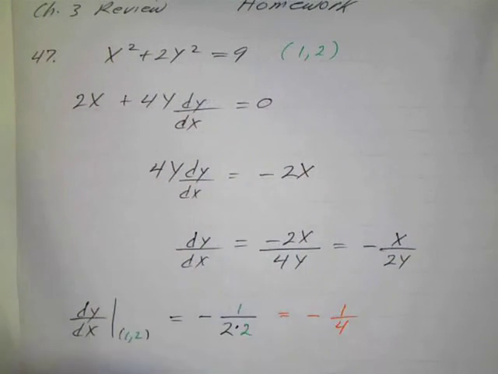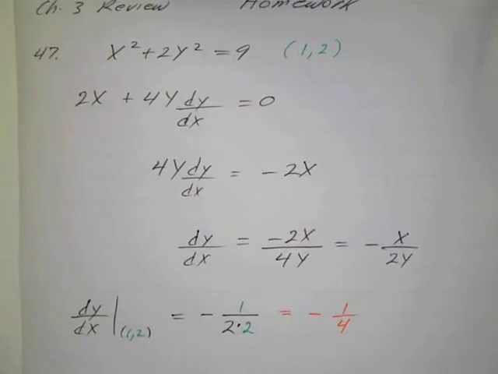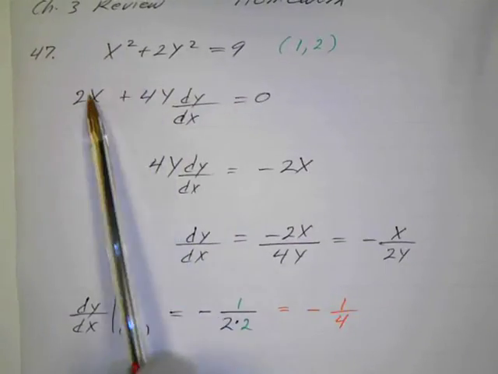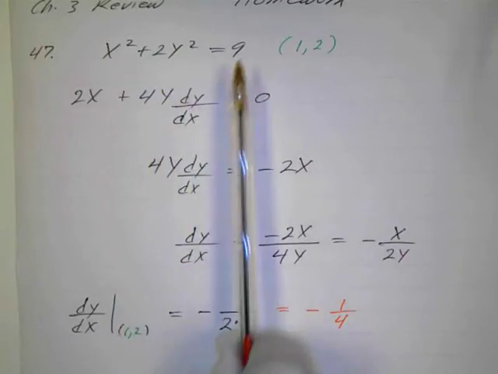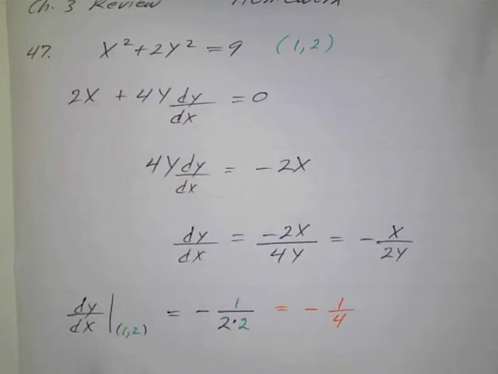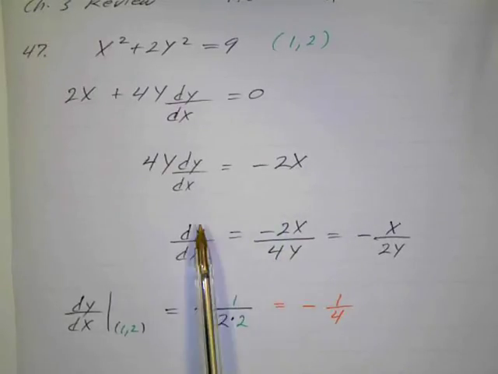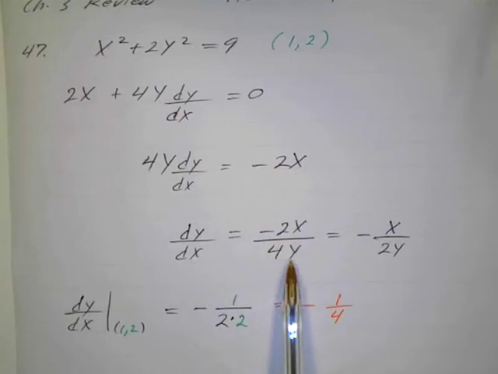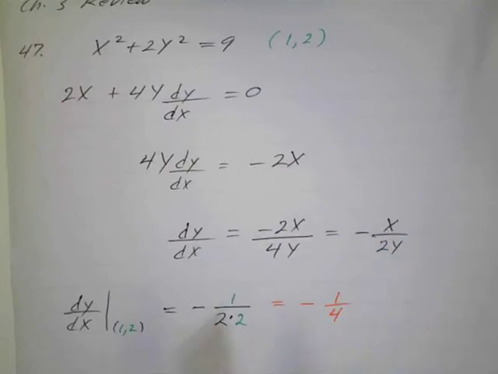So we'll take the derivative implicitly to find the slope of the tangent line at this point. You basically just find the slope anywhere. First of all, take the derivative: 2x, dx/dx, 4y, dy/dx, and the derivative of 9 is 0. Subtract 2x from both sides. Divide both sides by 4y. And dy/dx equals negative 2x divided by 4y. And that's negative x over 2y.